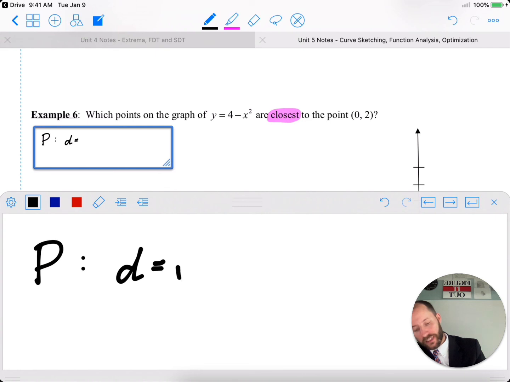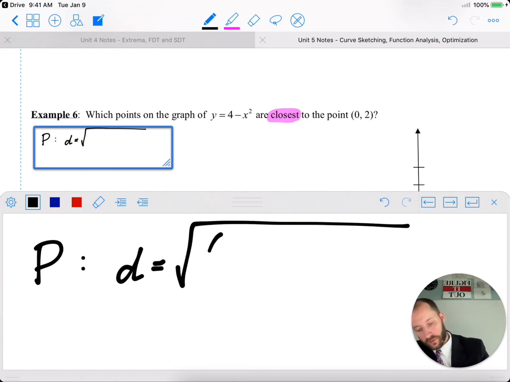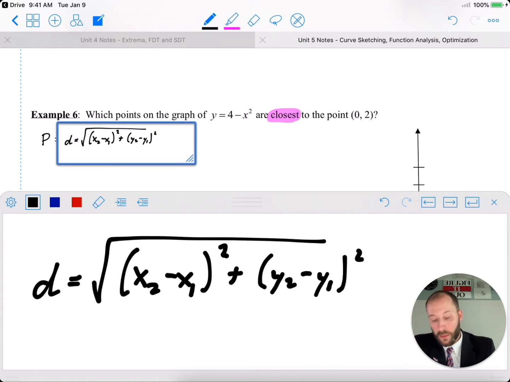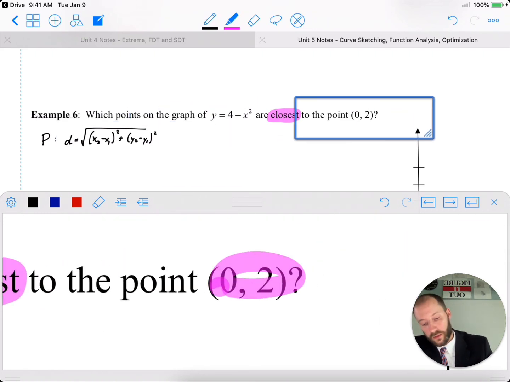So distance equals the square root of x2 minus x1 squared plus y2 minus y1 squared. But do yourself a favor. You already have coordinates. Let's call these x1 and y1.